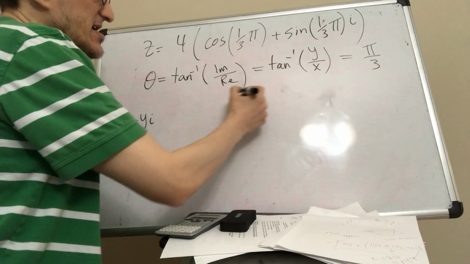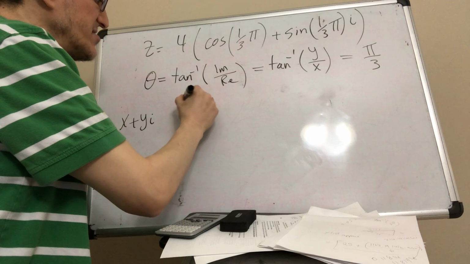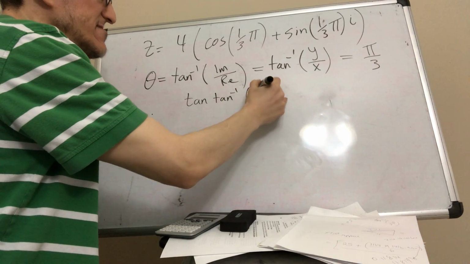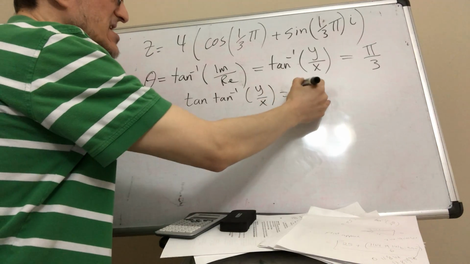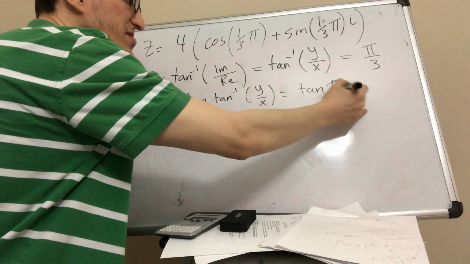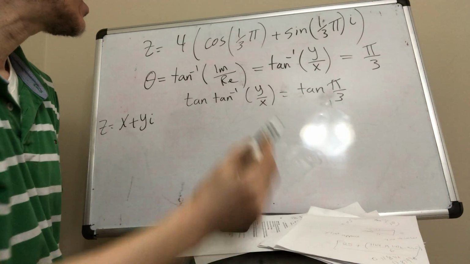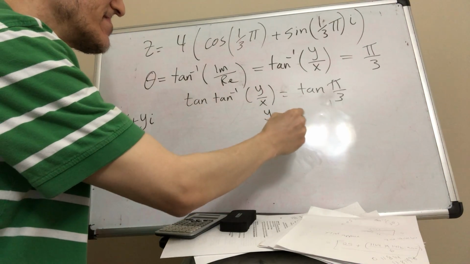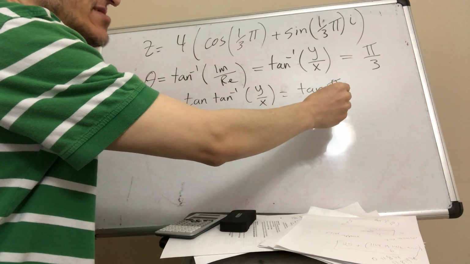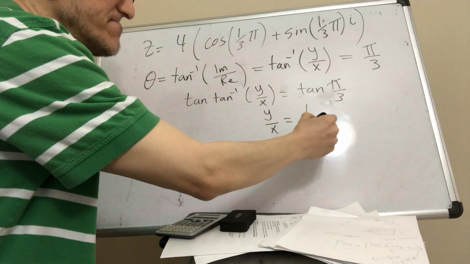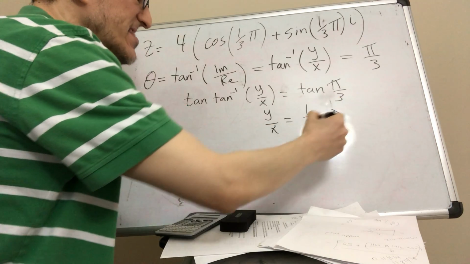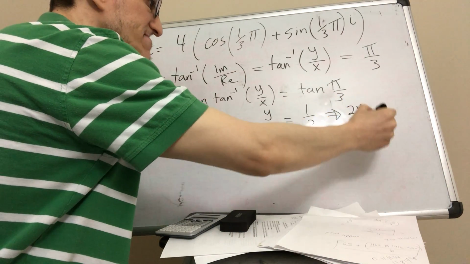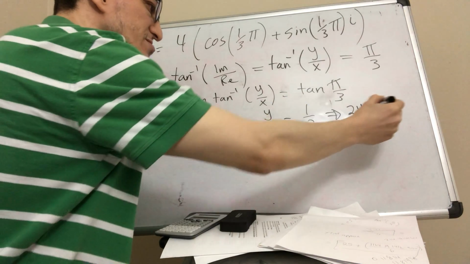To get rid of the tan inverse, I'm going to tan both sides of the equation. Tan the tan inverse, and tan the pi over 3. Tan inverse cancels out. Tan pi over 3 is half. That means if you do the cross multiplication, 2y equals x.